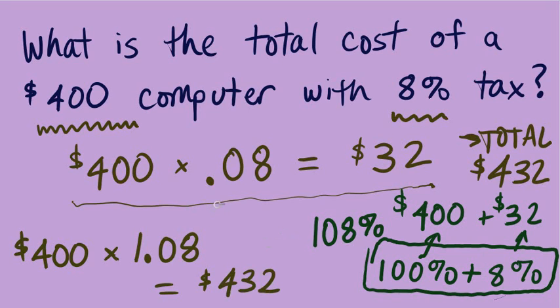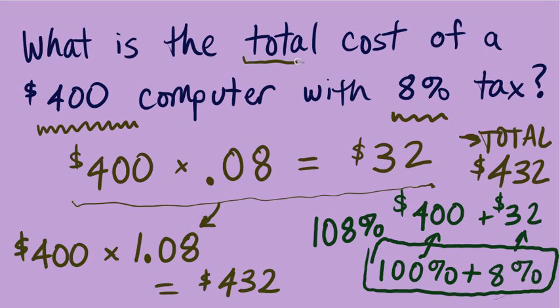So going forward, we're going to be paying attention to what percent could we use to make these calculations as efficient as possible. But we're not trying to think about doing shortcuts or what's the fastest way, the best way. Still, we want to try to find ways that make sense to us, but we will find problems that are a lot more manageable if we can embrace this idea about percents.